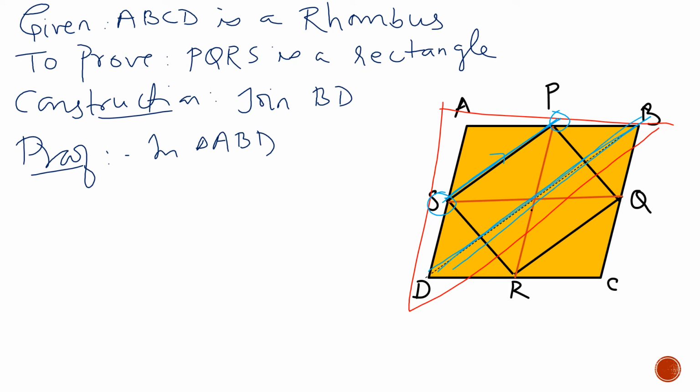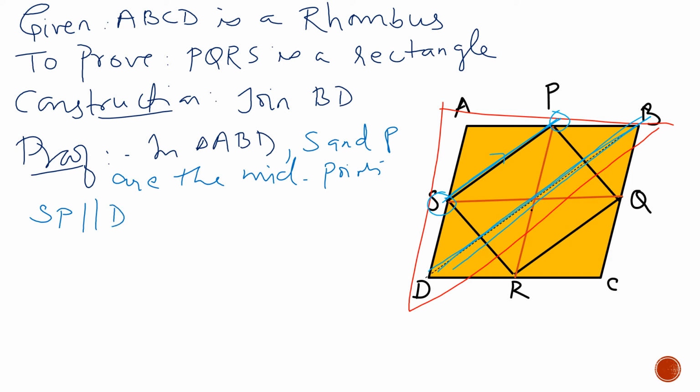So in triangle ABD, as it is given, S and P are the midpoints. So by using the midpoint theorem, we can write down SP is parallel to DB and SP is also equal to half DB length.